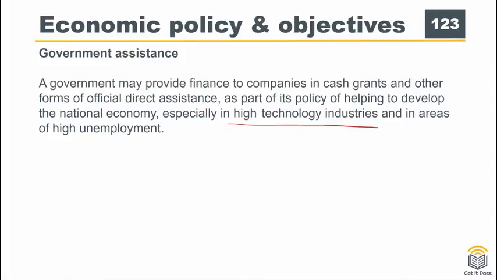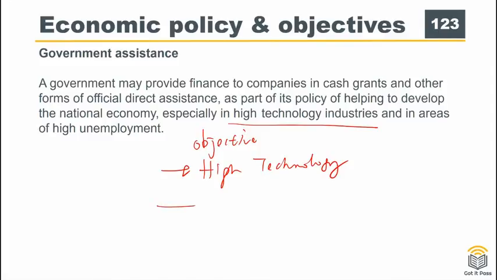So it's government assistance with some objective. Say, I would like to encourage high technology growth, so I put the resources, the grants or assistance, on this area, or in some area with high unemployment.